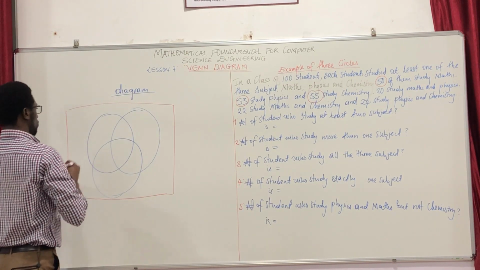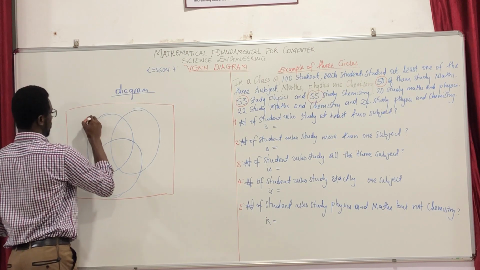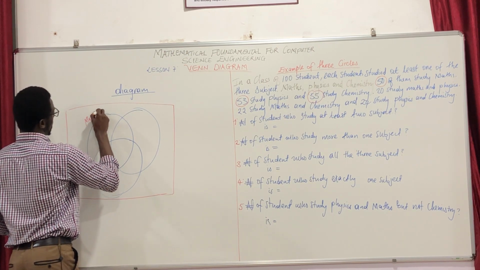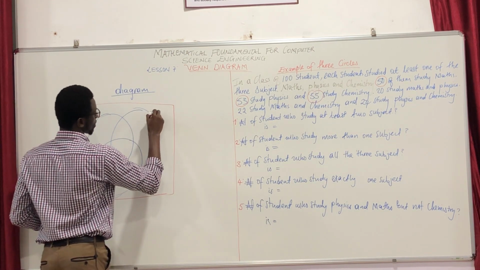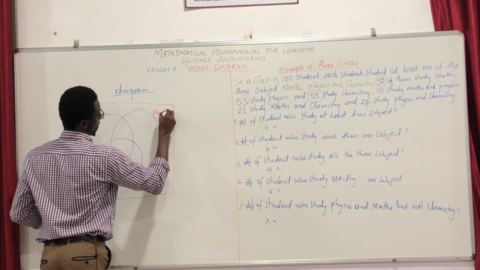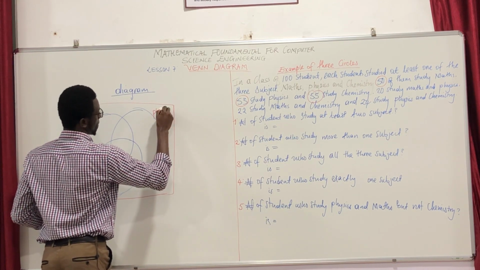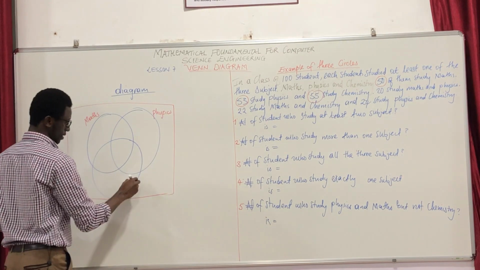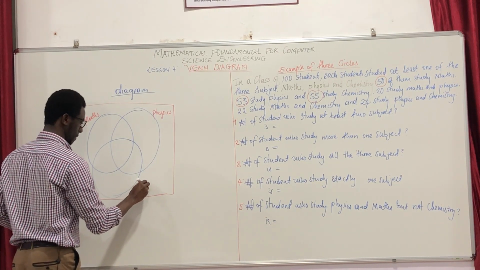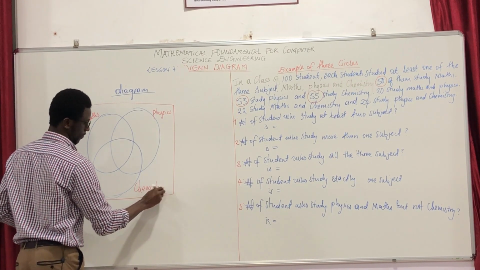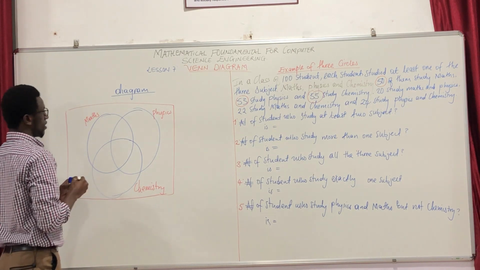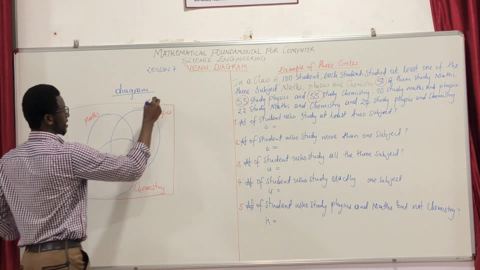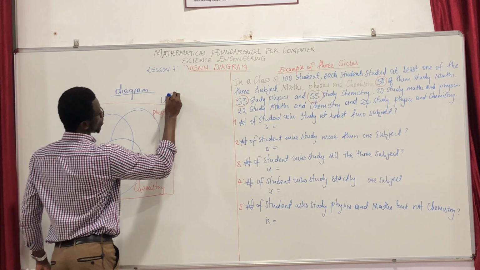Okay, so this is maths. This is physics. And this is chemistry. Okay. So now our universal set here, U, is 100.